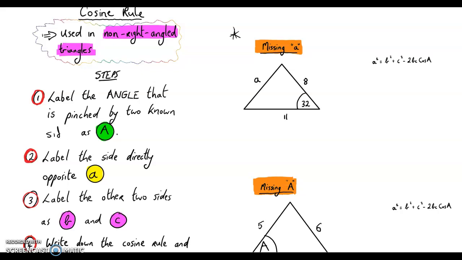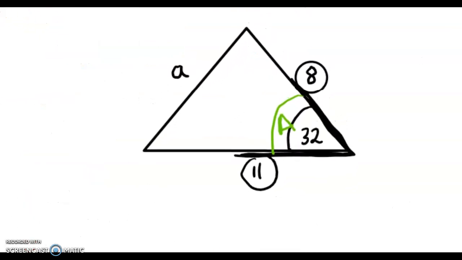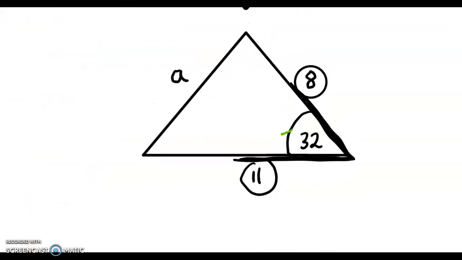So, let me explain that. We know this side and we know this side. So the angle in between them that they are pinching, we're going to label that as angle A. Let's just zoom in there and do that a little bit neater.